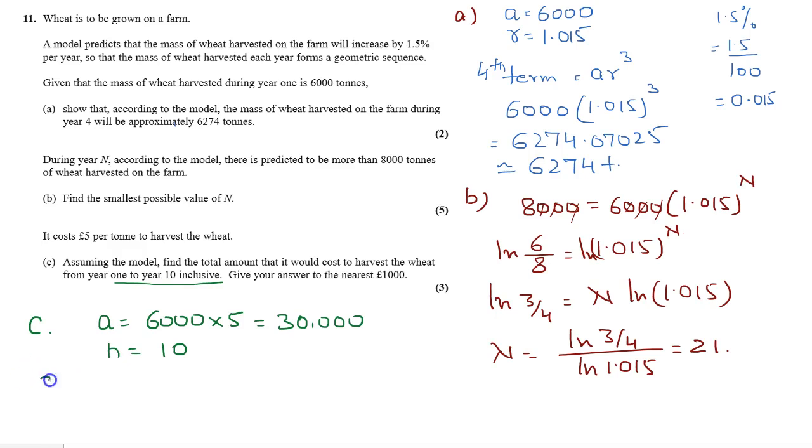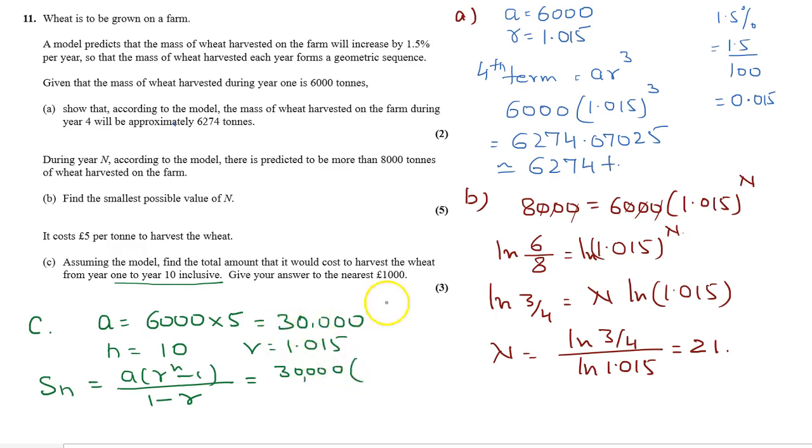So we have Sn, that is a times r to the power n minus 1 over r minus 1, and r is equal to 1.015. So a is 30,000.